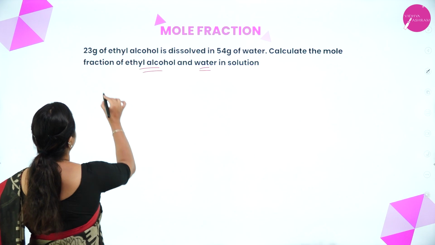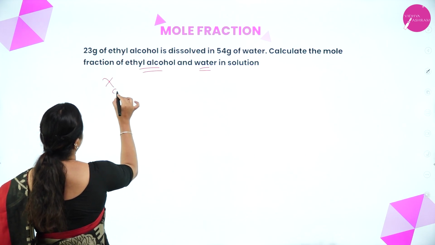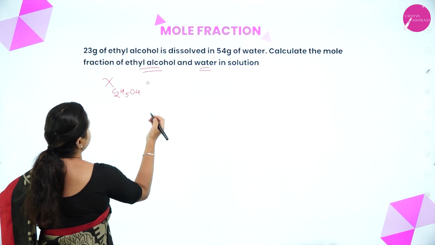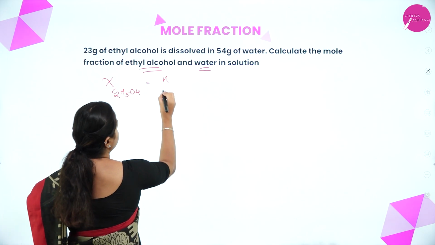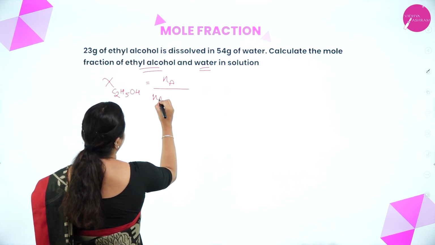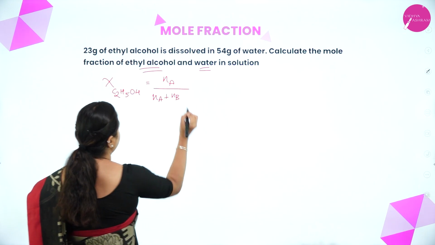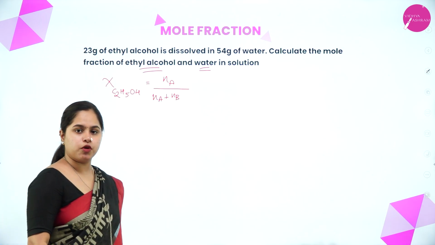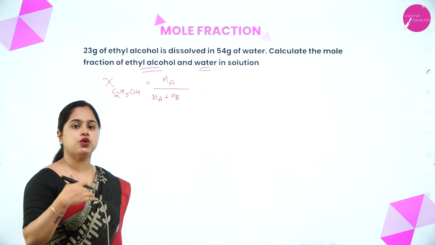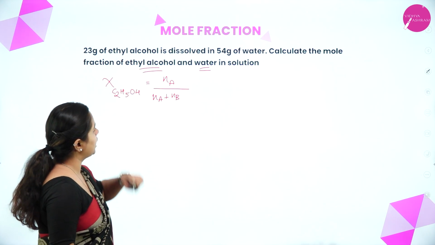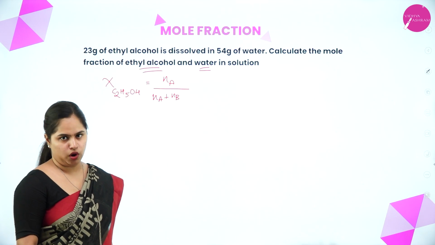You know the equation for finding the mole fraction, say, of A: number of moles of A divided by number of moles of A plus number of moles of B. Is the number of moles provided here? No. So first you have to begin by calculating the number of moles of your ethyl alcohol and the number of moles of your water.